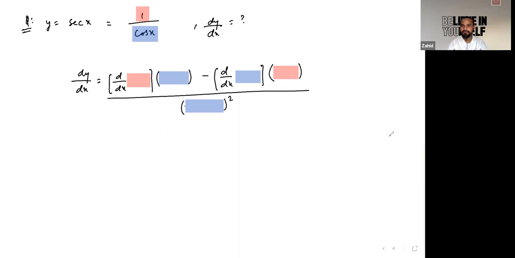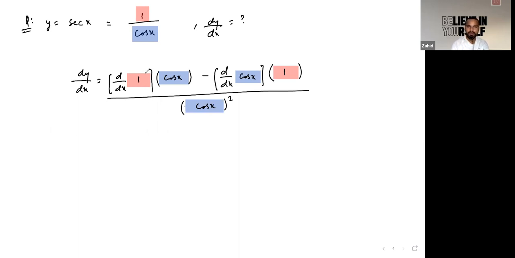Sir, I haven't gotten it, sir. Okay. In the numerator, what do we have? d by dx of 1, so it will be 1, and in the denominator we have cos x. Similarly, in the second part, here would be cos x, and 1 would be at this point, and whole divided by cos of x squared. Okay.